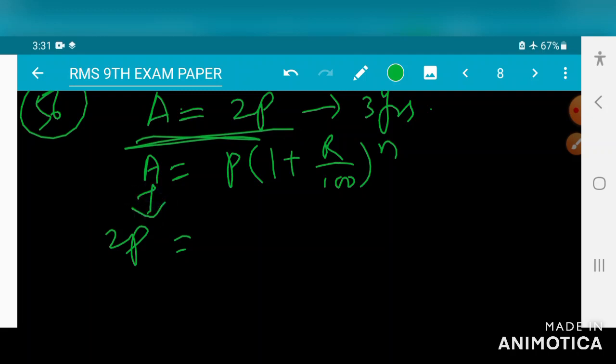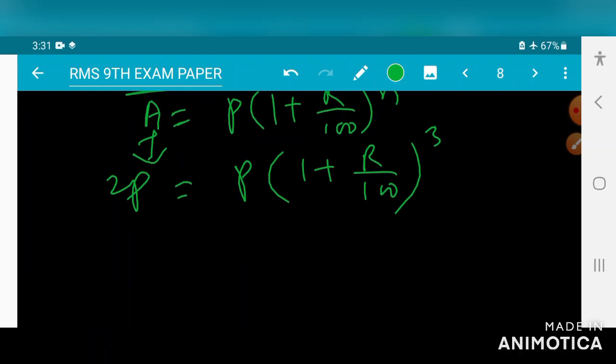P into 1 plus R upon 100, where R we don't know, and n is 3 years. See, this P gets cancelled. So what is left over? 2 is equal to 1 plus R upon 100 whole power 3.